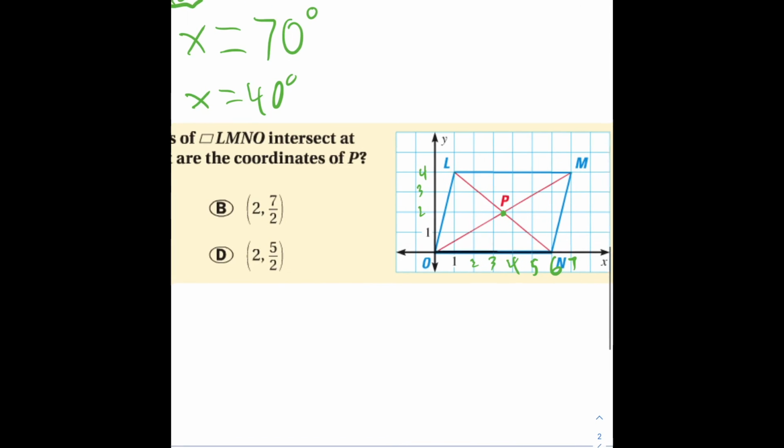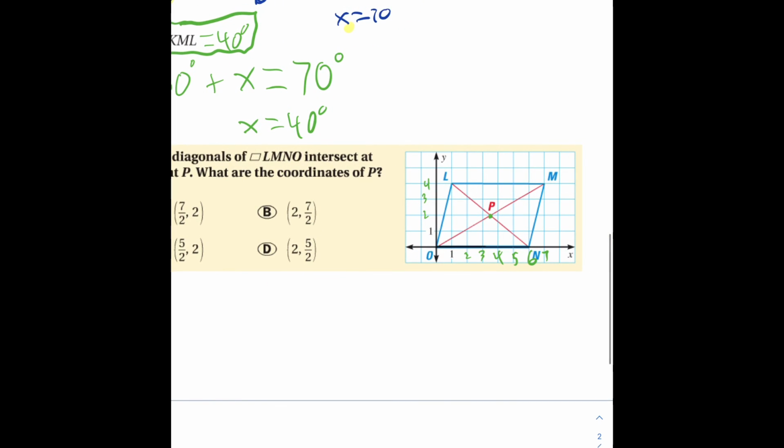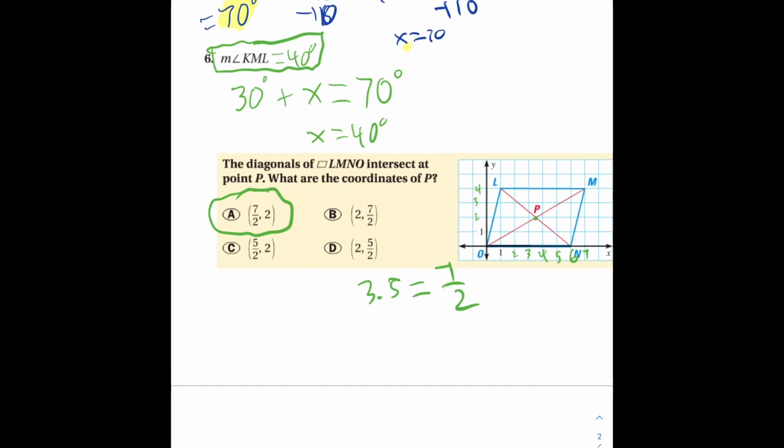I'm going to call that 3.5 and 2. X is 3.5, Y is 2. 3.5 is the same thing as 7 over 2. So if X is 7 over 2, Y has to be positive 2. So I believe that that answer is A.